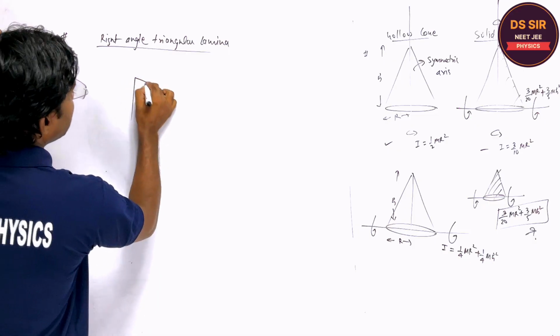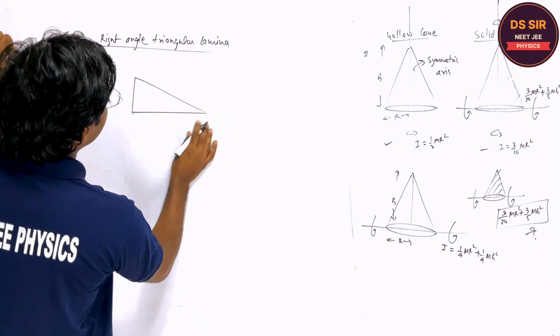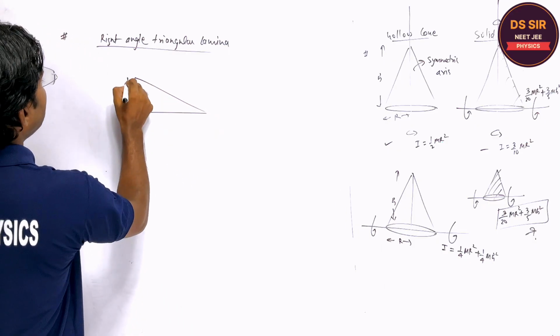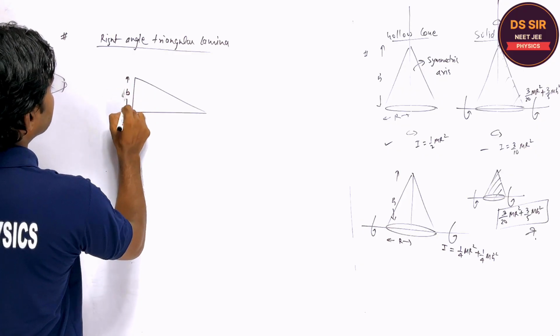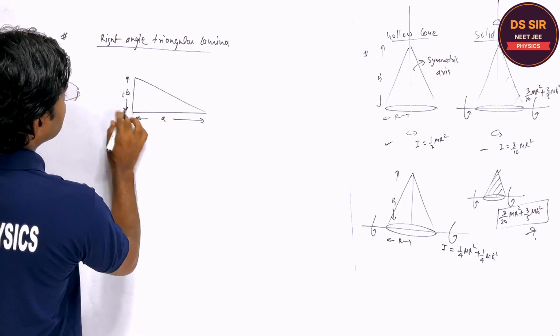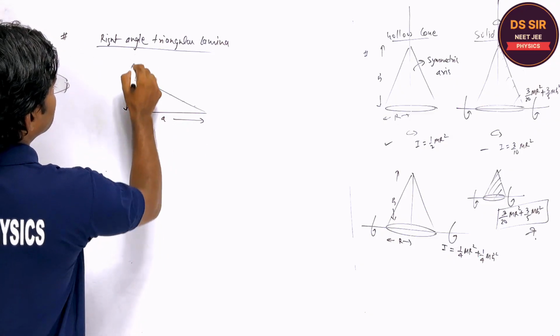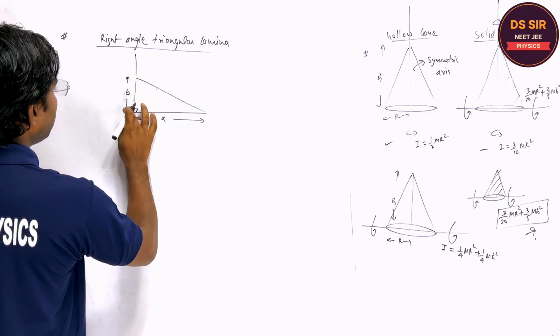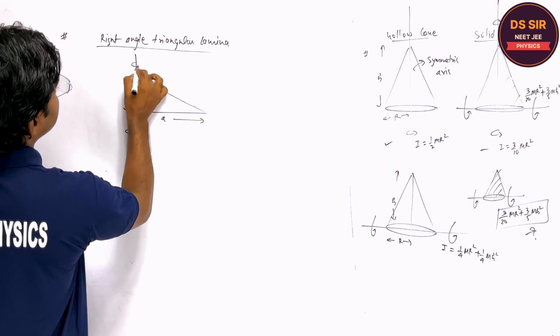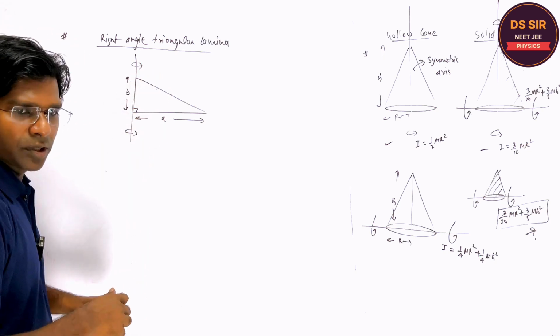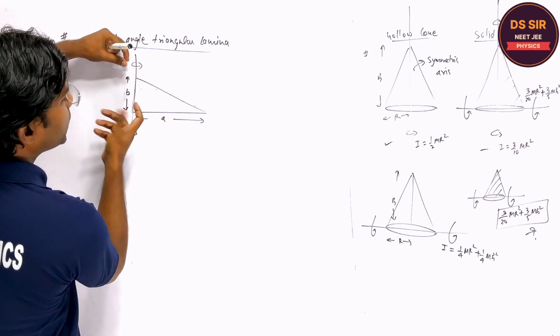For example, if this is the lamina and this is the A, this is the B and this is the A, and this is the right angle triangle lamina, so you have to find the moment of inertia about this axis. Is it clear? So this is the lamina and it is rotated like this.